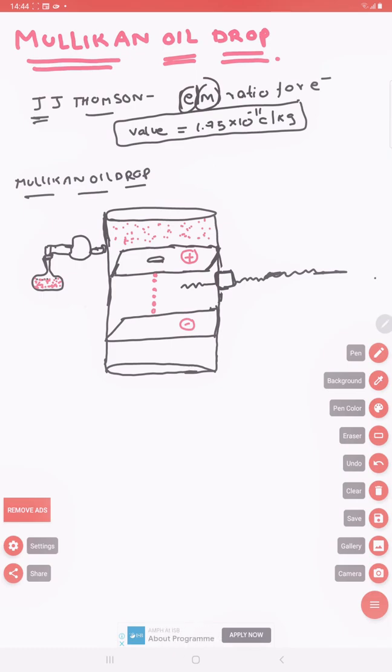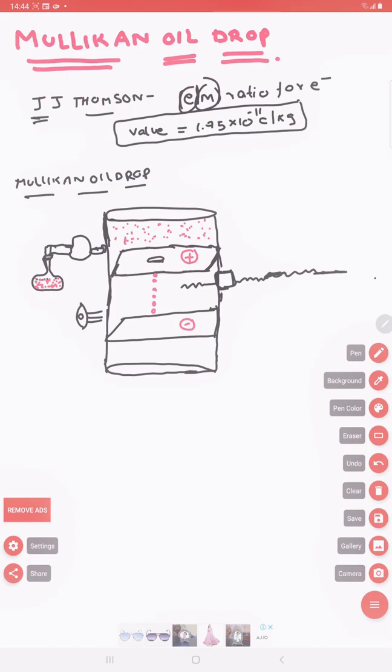Now a telescope. I'm simply drawing the telescope as an eye. So an eye. This is the telescope and this is the beaker.